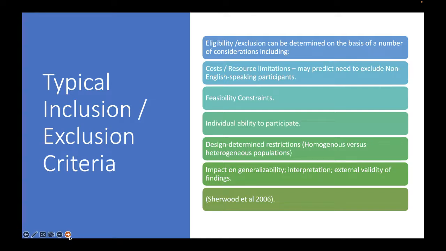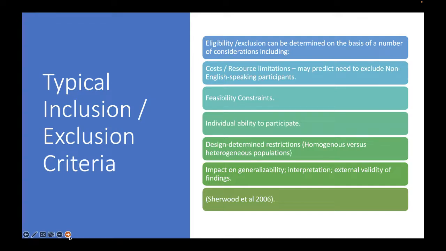Now, then there are some inclusions and exclusions that are to do with the design that you've chosen. So if you choose a design that specifies that we are only interested in studying this particular group and nothing else, then that design might force you to have a homogeneous inclusion criteria at the expense of something that's heterogeneous.